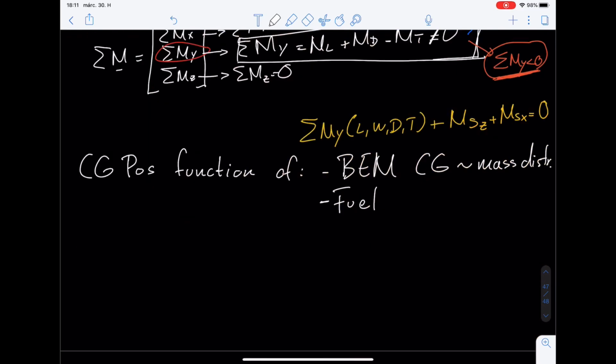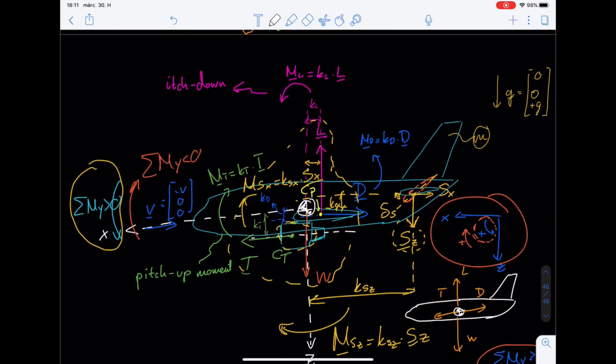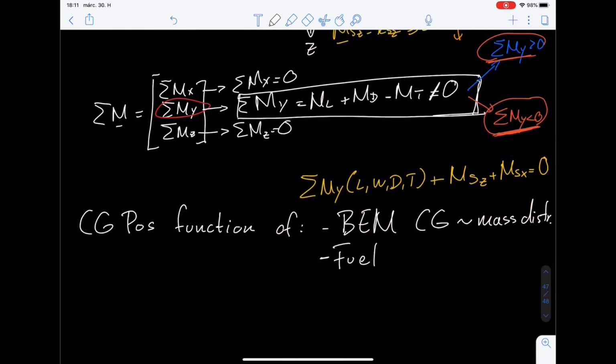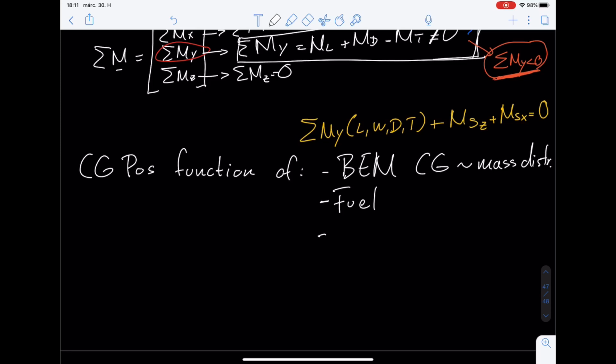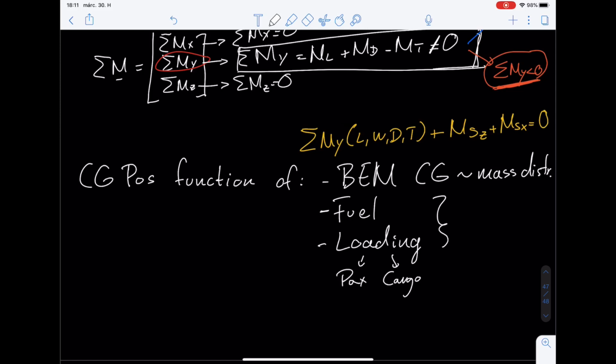How much fuel you load into the aircraft, and to which tank, so which tank positions, and also loading of the aircraft. So loading means, again with the fuel, and both with the loading can mean passenger loading and cargo or luggage loading as well. And what it boils down to is how much and where.